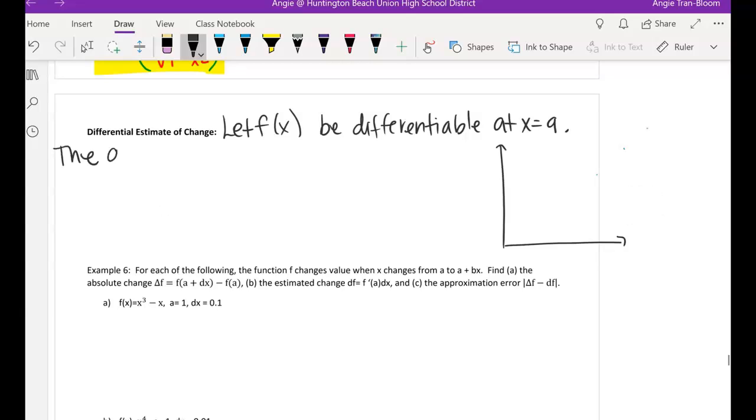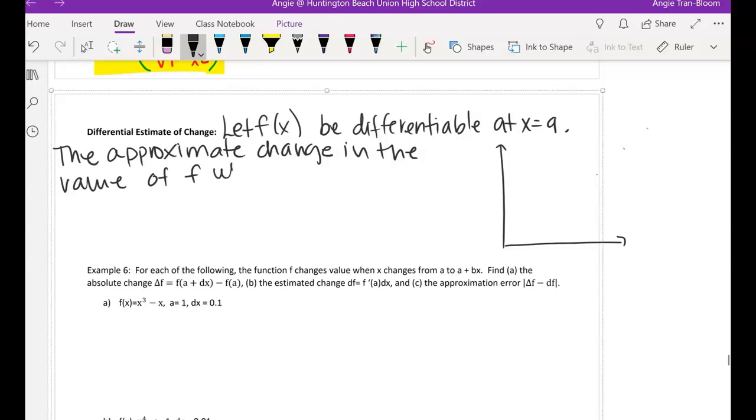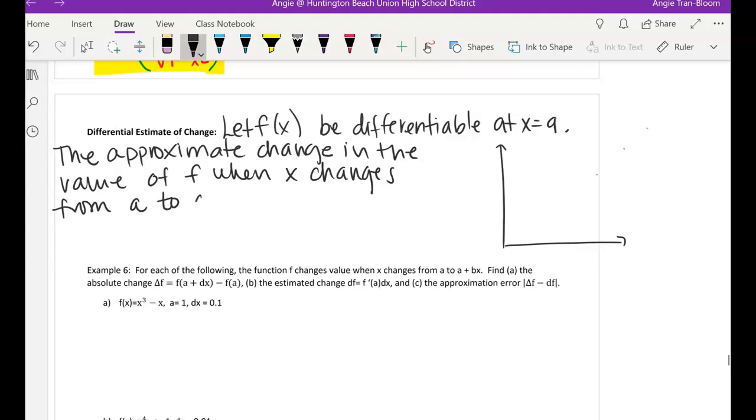The approximate change in the value of f, which is y, when x changes from a to a plus dx is df equals f prime of a times dx.